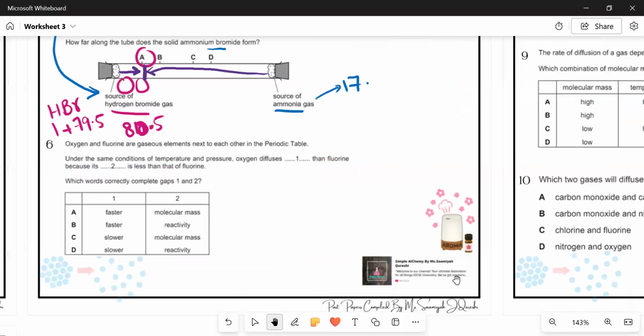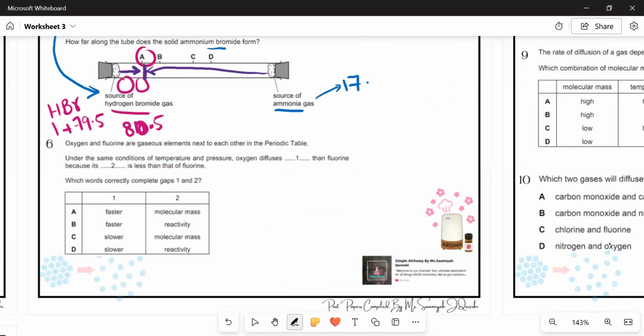Then question number 6, very easy. Oxygen and fluorine are gaseous elements next to each other in the periodic table. Under the same conditions of temperature and pressure, oxygen diffuses dash than fluorine because its dash is less than that of fluorine. In the periodic table, oxygen and fluorine are neighbors. Oxygen is present in group number 6 and fluorine is present in group number 7, which makes fluorine's mass more than oxygen.